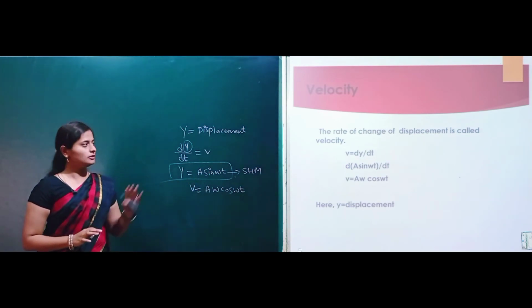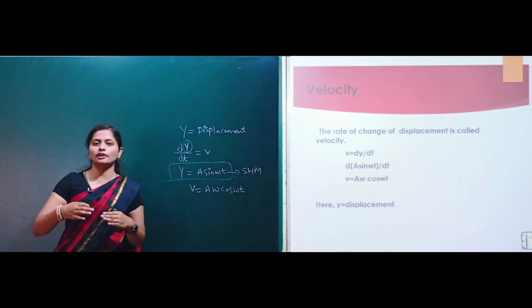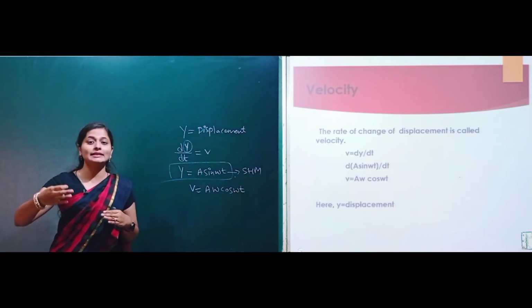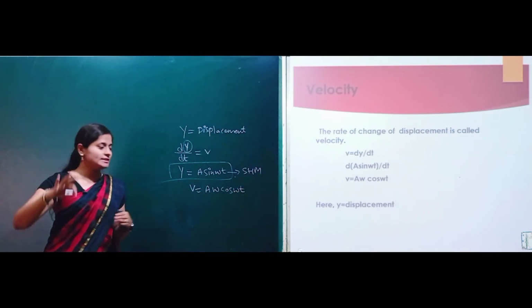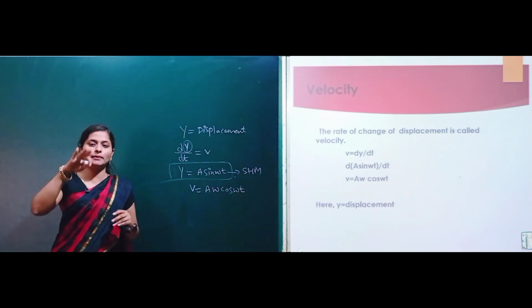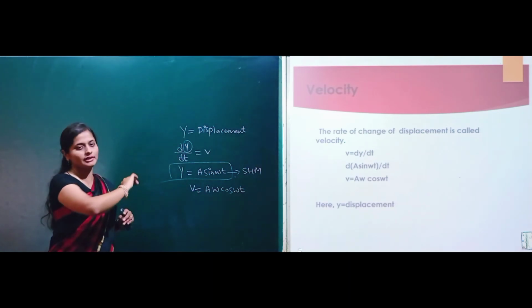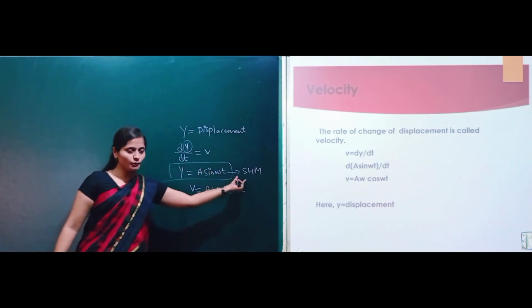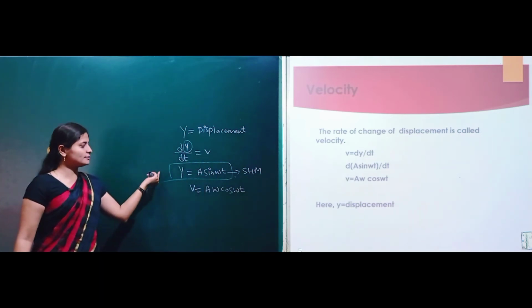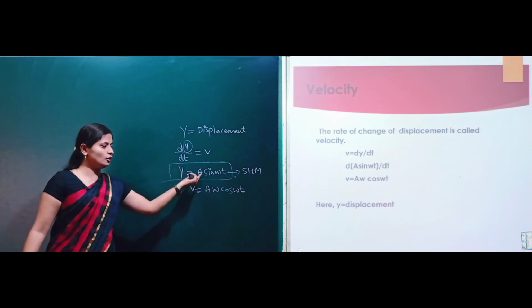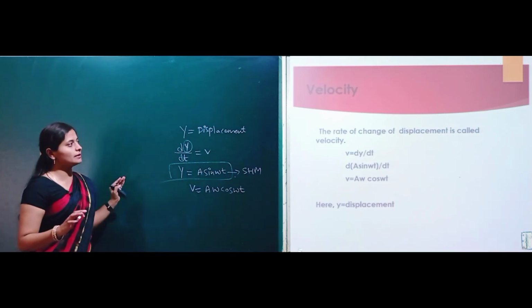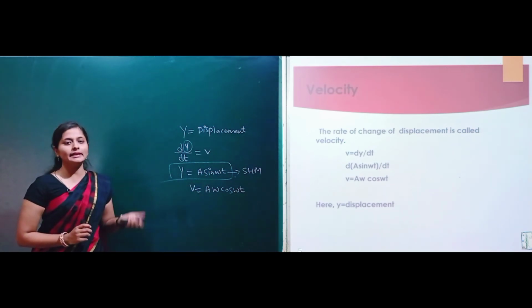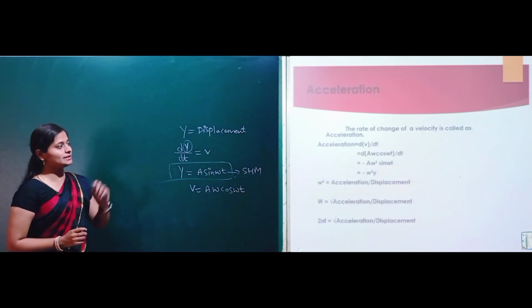Got it? So velocity is nothing but the rate of change of displacement. That displacement is y, dy by dt equal to small v. Small v is nothing but velocity. So by simple harmonic motion we know that displacement equals a sin omega t. So this completes the velocity. Next we will move to the acceleration.